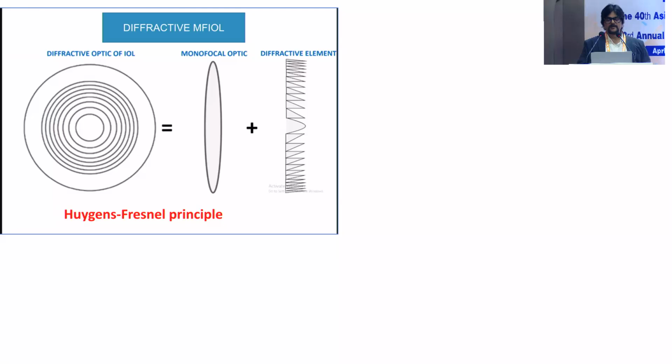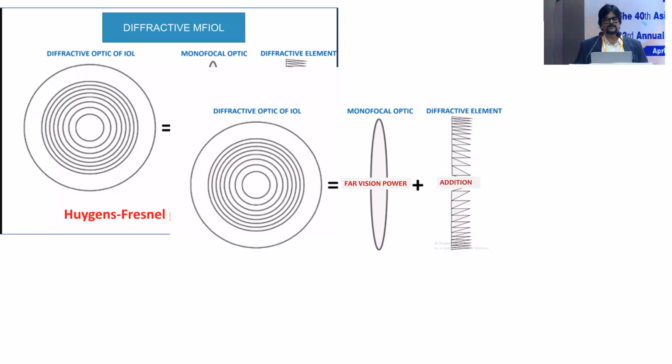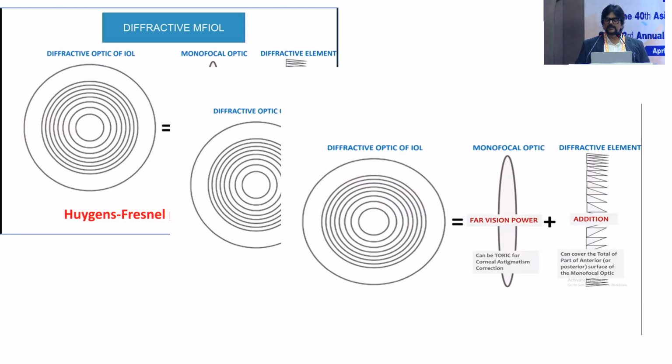Basically, it is a series of prisms stacked upon each other, and it bends the light to different focal points. With a diffractive IOL, it is an addition: you can give the addition to the monofocal, and you can have a toric for corneal astigmatism correction in the monofocal. The diffractive element can cover the interior or total surface of the IOL.